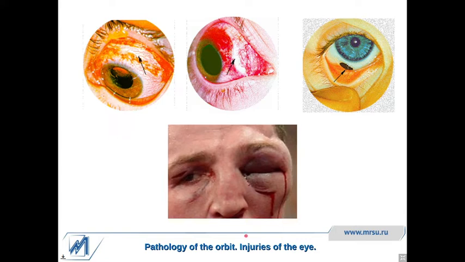I have no picture. One second. Okay, let's check.